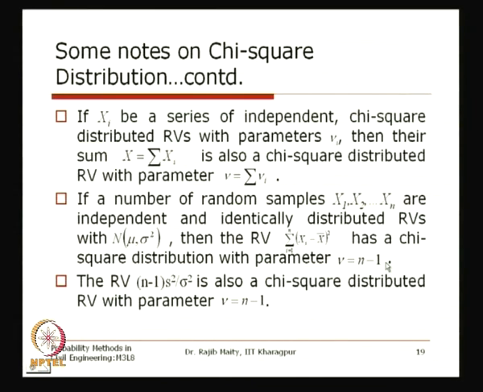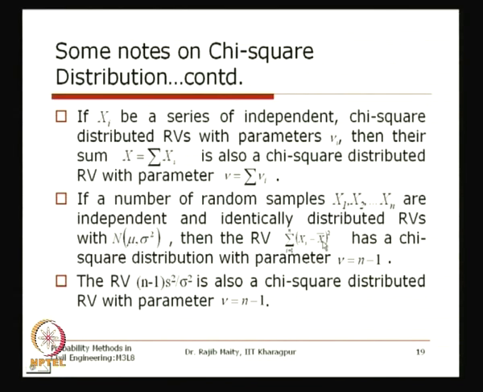Now there are 2 things here. The first one is that we have n random variables, all of which are normally distributed, that is, identically distributed with the same parameters.